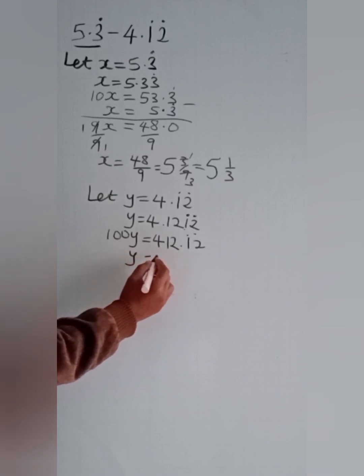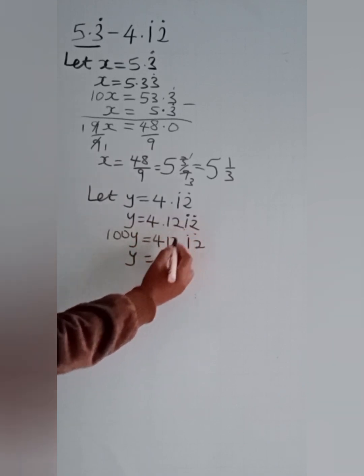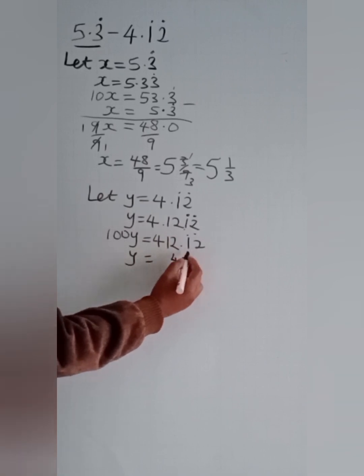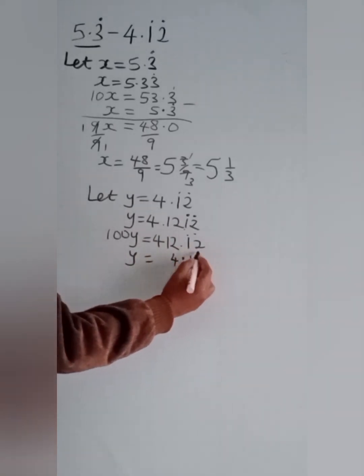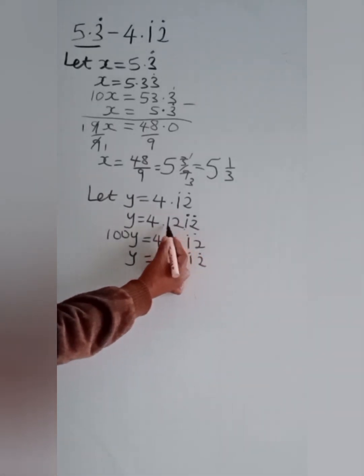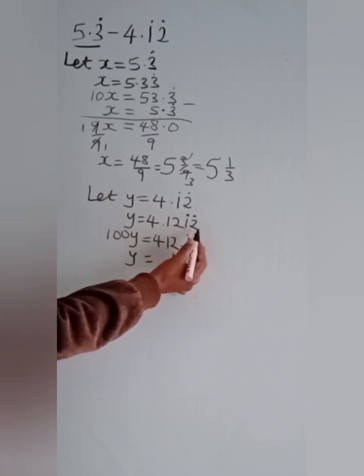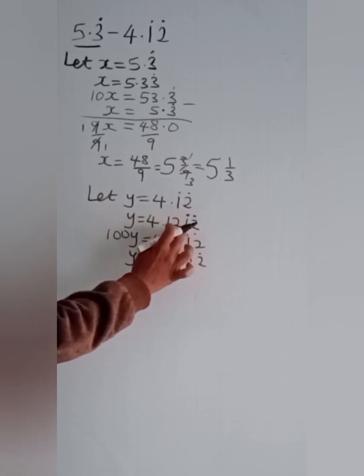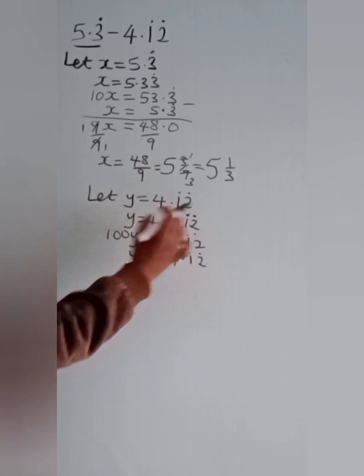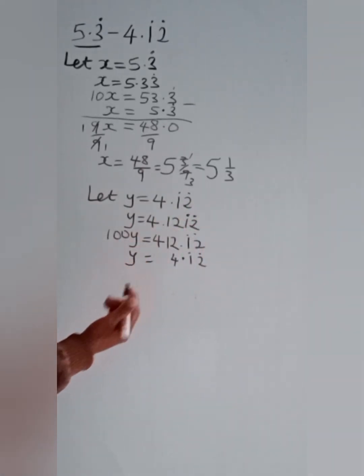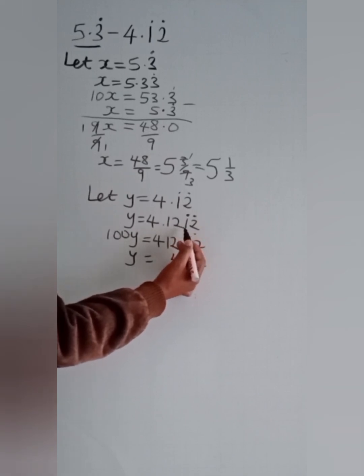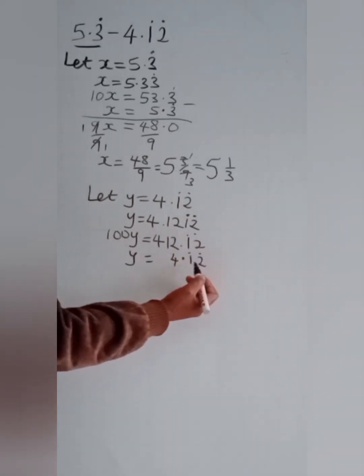Our y is here, so we shall have the decimal coincide, meaning we shall have 4 here and then 1, 2 like that. Remember, although I've written 1, 2, 1, 2 up here, this can be adjusted because they are recurring numbers. You can write many pairs or reduce the pairs depending on what you want. In this case, we have reduced them to 1, 2, so that when we subtract, the recurring part will disappear.